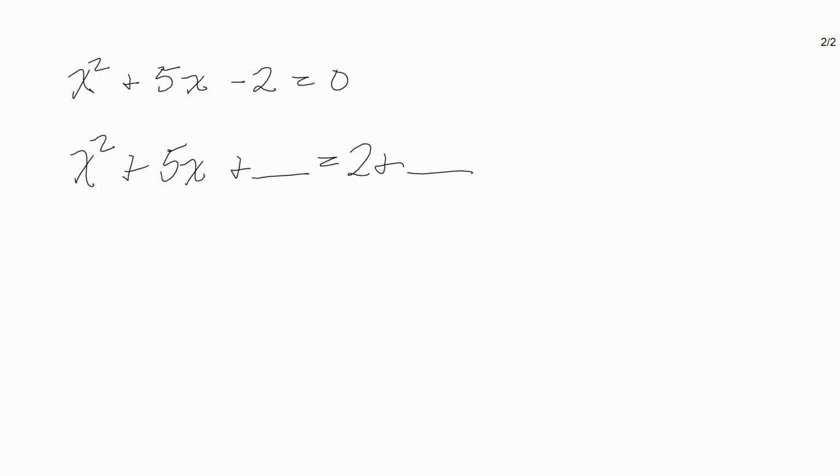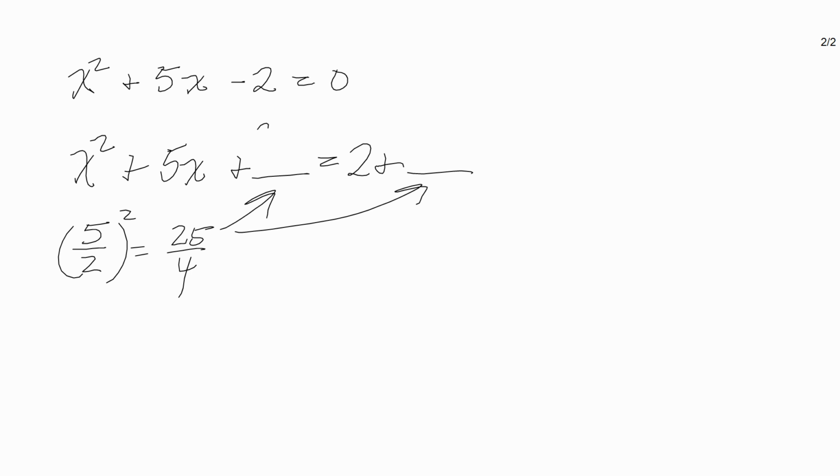What's half of 5? 5 halves. 5 halves squared is 25 fourths. The further I get to the right side, the worse it writes. So this is shortcut number 1. No, that's wrong.